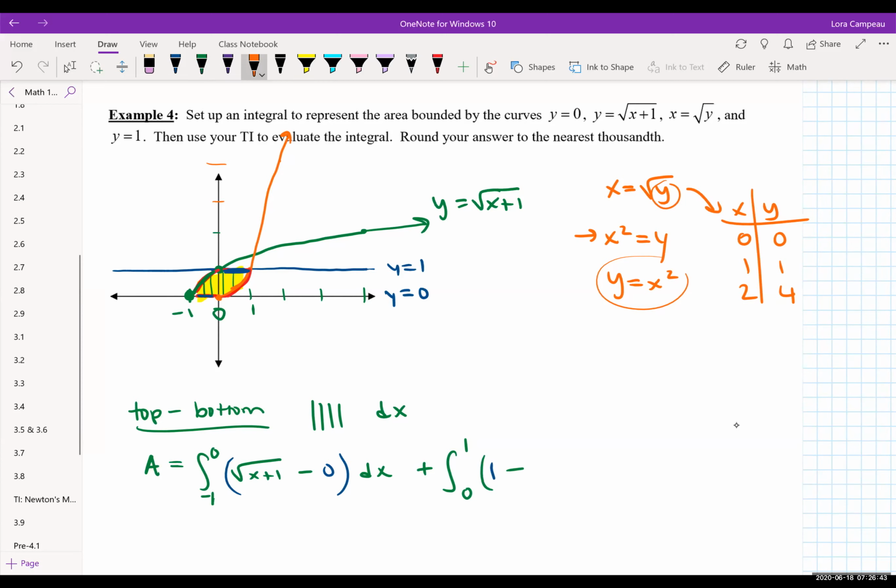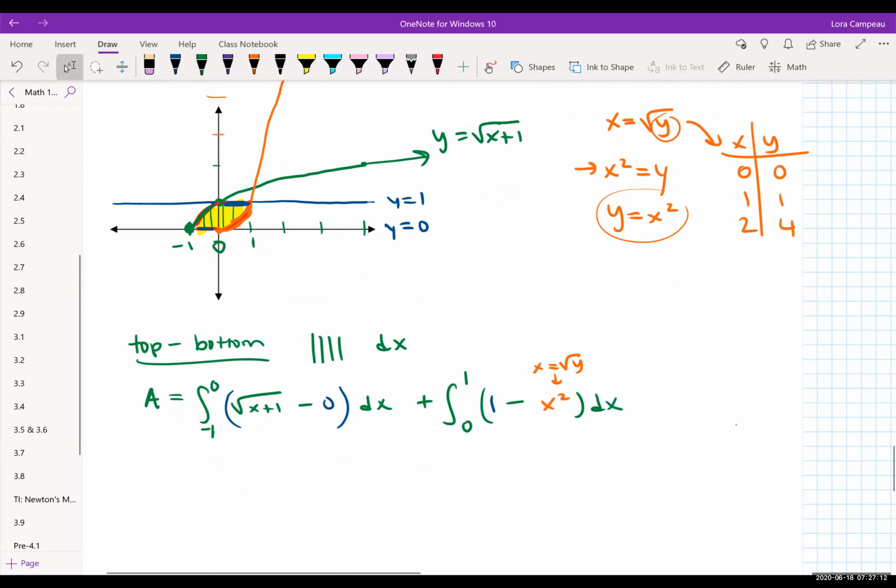This time it's y equals x squared. That's the x equals square root of y function, just in case. We had to manipulate it depending on what we're taking it with respect to. So we still have, with respect to x, and that will cover our entire region.